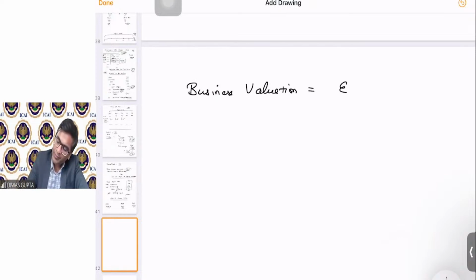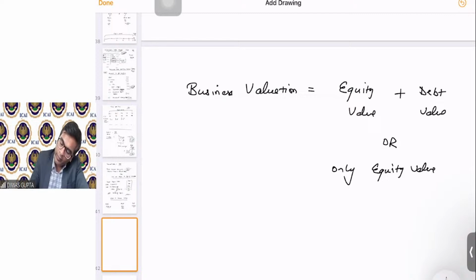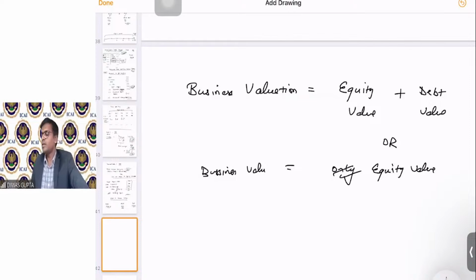Is it equity value plus debt value, or only equity value? Business valuation, students, tell me, is it equity plus debt?